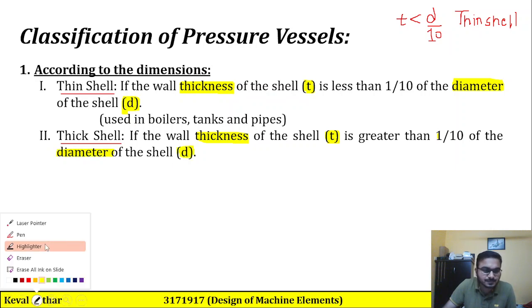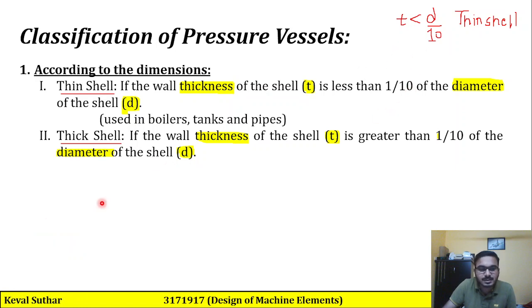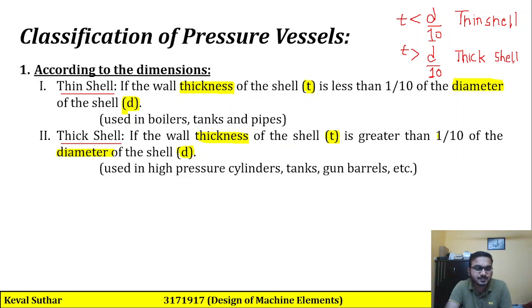So in a case when the thickness is greater than D by 10, this will come in the category of thick shell. I hope this classification is clear to your mind. Thick shells are used in high pressure cylinders, tanks, gun barrels, etc.